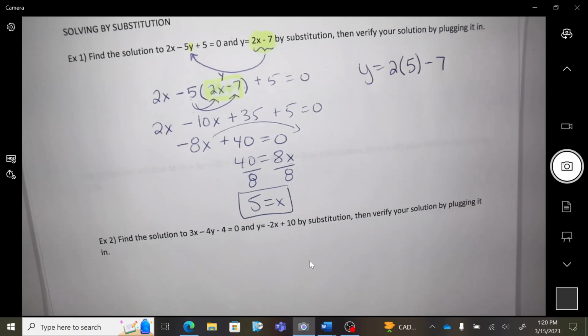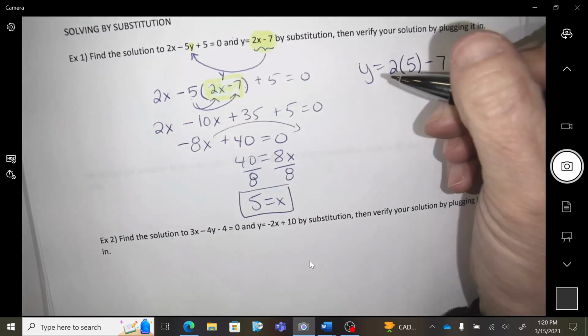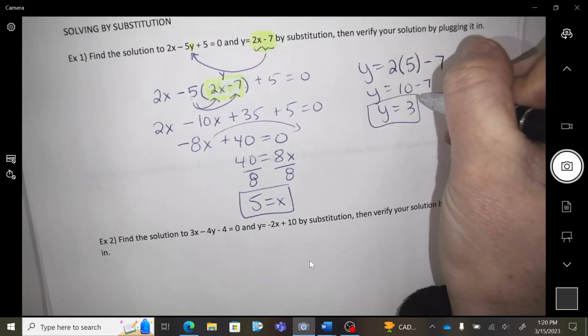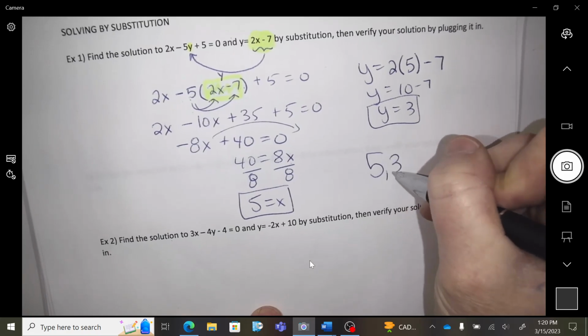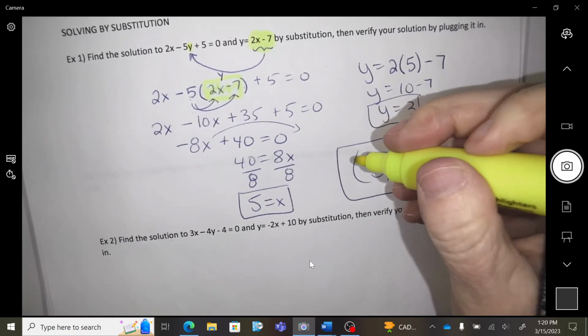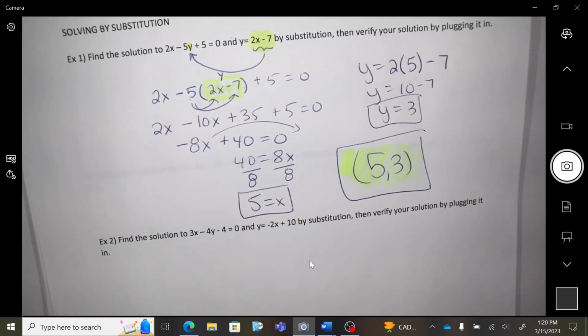So now I know what x is. 2 times x, but I know x is 5. So your answer should be written as a coordinate. That would be my final answer.